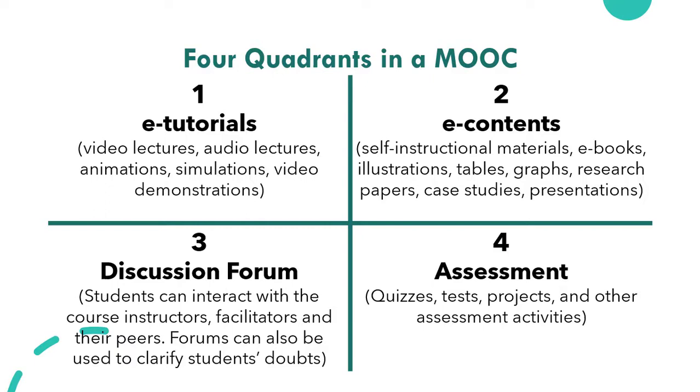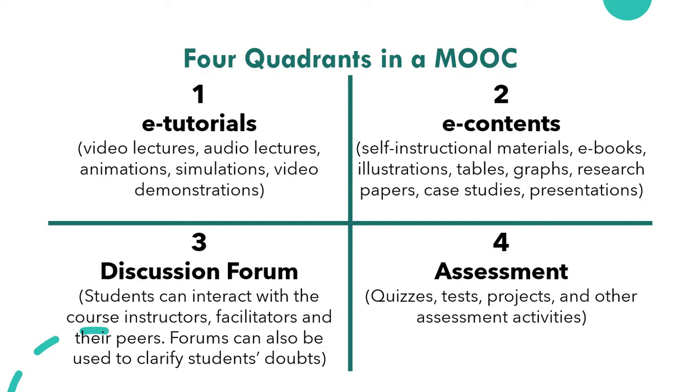So learners also interact with their peers and learn from the discussion forum. And the discussion forum can be used for clarifying students' doubt and sometimes to concretize what they learned in the course. And the final quadrant, the 4th one, is assessment. It includes quizzes, tests, projects, and any other assessment or evaluation activities designed by the teacher.